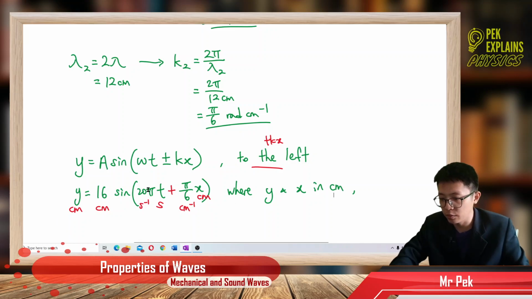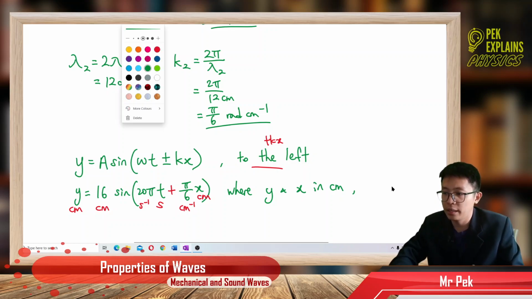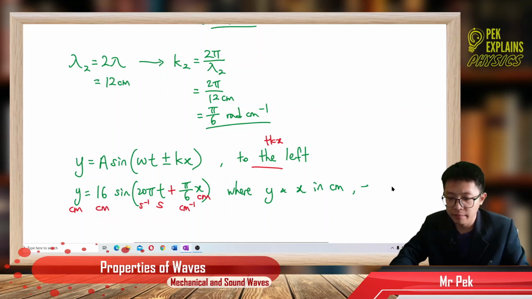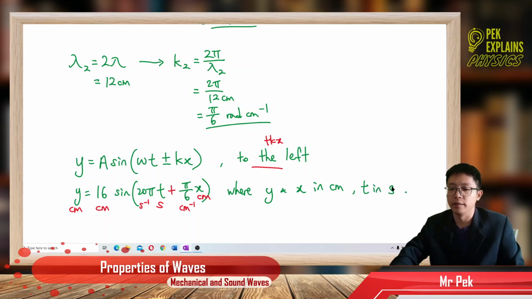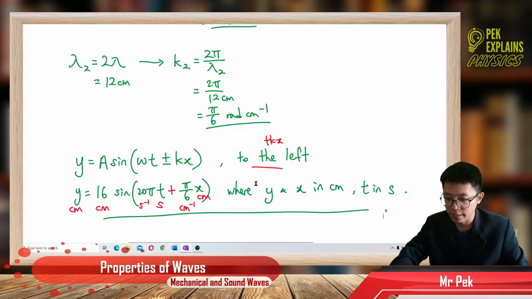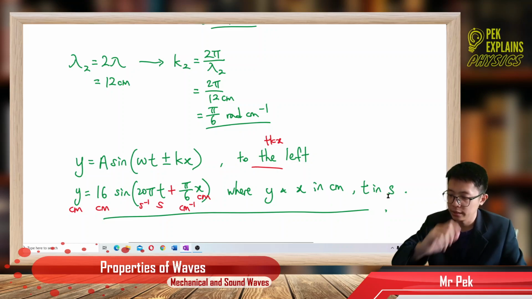You cannot just give the equation like this without your unit. If y and x are in meter, then you write meter, but in this case it is in cm. So remember to write cm, and the time in second.